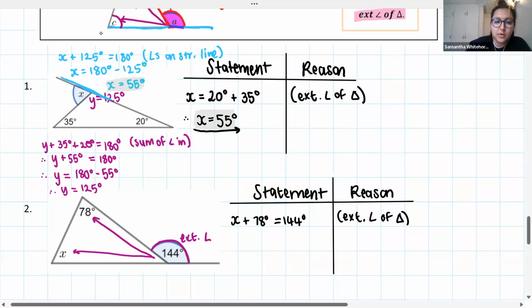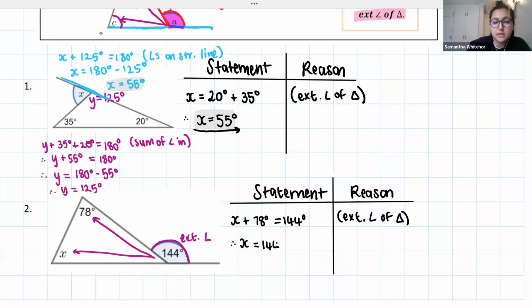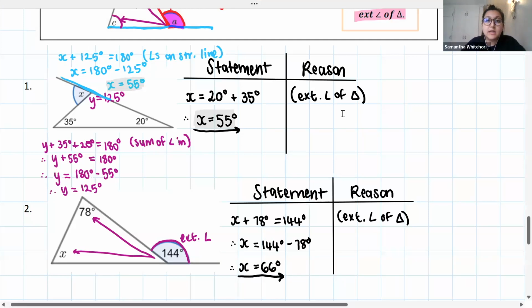Now we solve our equation. So we're going to subtract 78 on both sides. And that is going to give me the answer that you all correctly put there of x equals 66 degrees. Right, so guys, exterior angles, really not a super tricky reason.